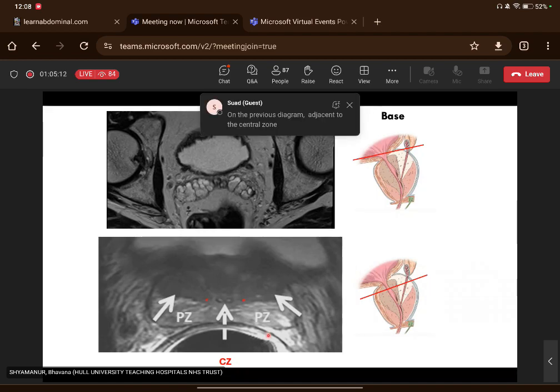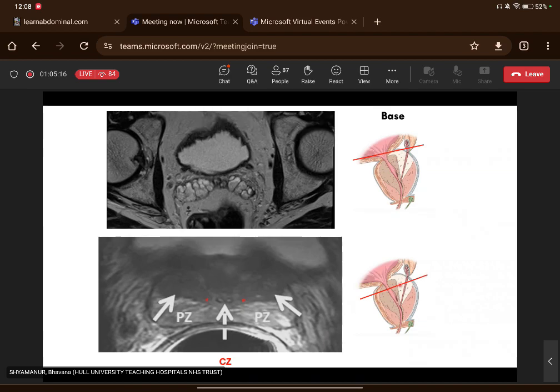Here is another axial MRI image of the base of the prostate. At this level, you can see both of the ejaculatory ducts. And as I said, this area that's starred around the ejaculatory ducts is the central zone. And that's often seen as a symmetric central dark area.